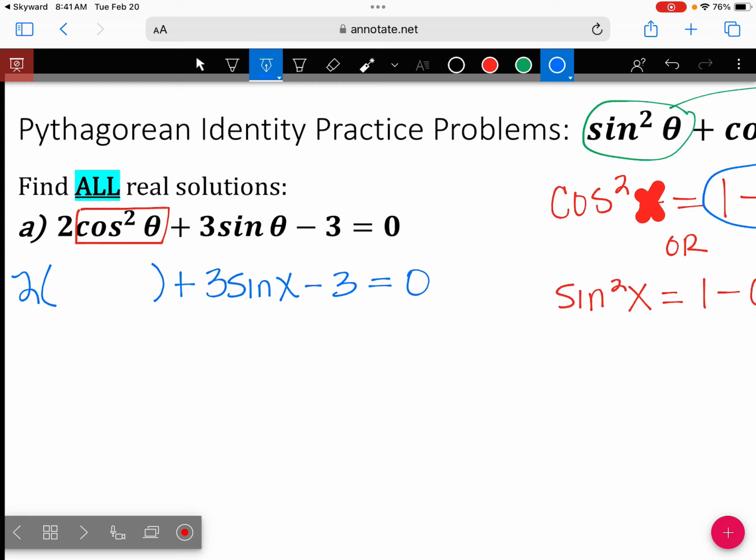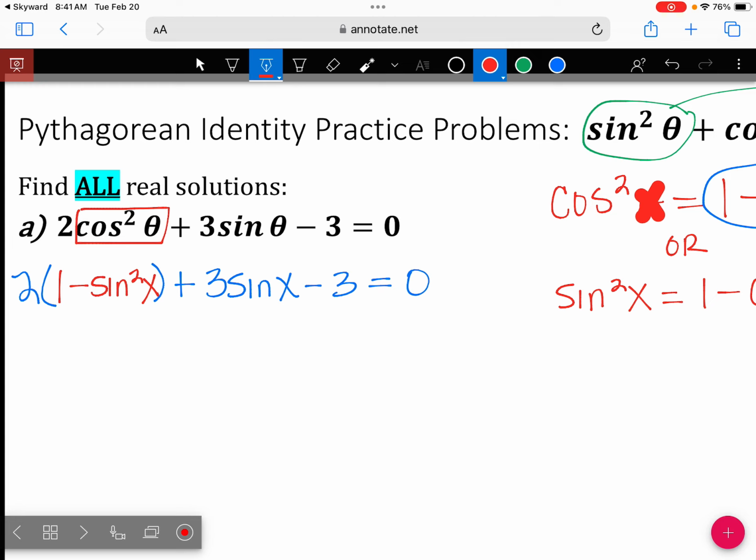Instead of cosine squared, what is cosine squared equal? 1 minus sine squared. And that's what I'm going to put here. So what I'm trying to do here is rewrite this so that it just has one trig ratio. Because if you don't have a GCF, we can't solve it if it has two different ratios. So now we only have one ratio, which is sine.